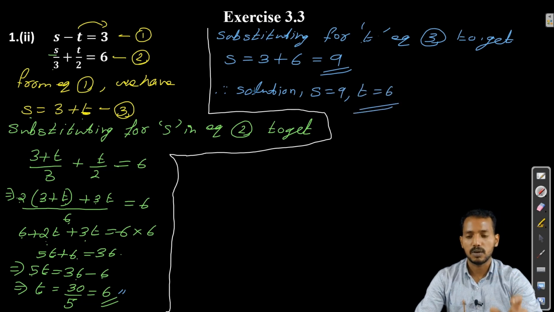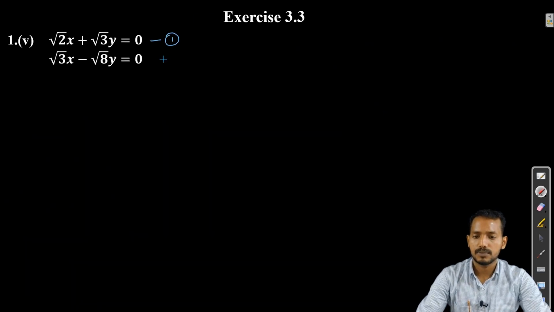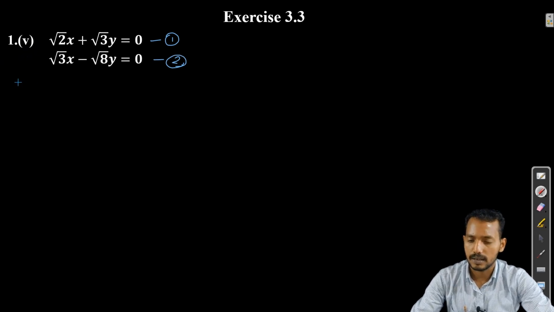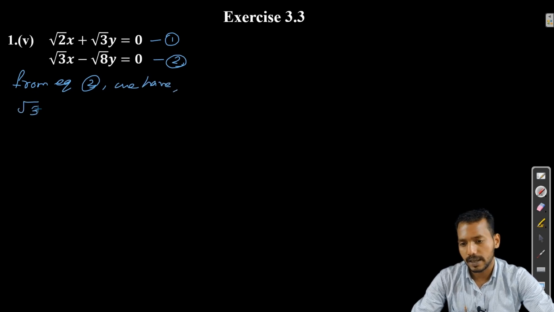I am taking one more option from the same question. So this is equation number 1, equation number 2, question number 1, option number 5. Right, first step, from equation 2 we have, I am choosing equation number 2, root 3 x minus root 8 y will become plus root 8 y.